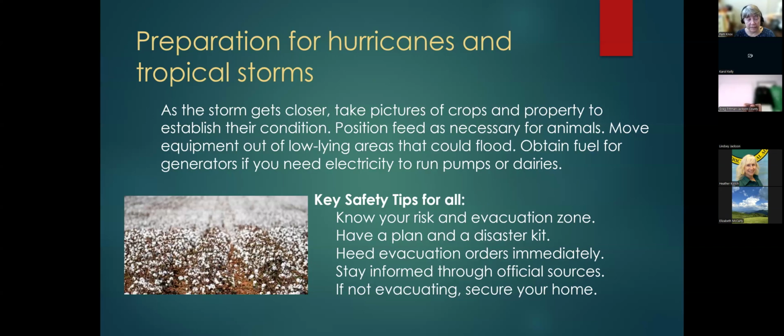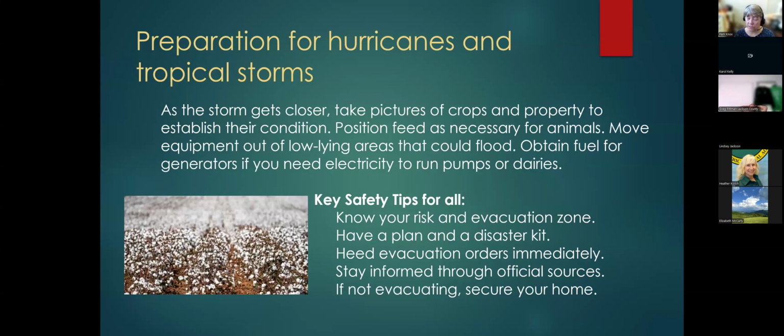And then just generally key safety tips for everybody. As you get closer to the storm, know what your risk is in your evacuation zone and be prepared to act. Have a plan for your family and a disaster kit. And if you're in an area where they have an evacuation order, get out as quick as you can to a place that's safer.